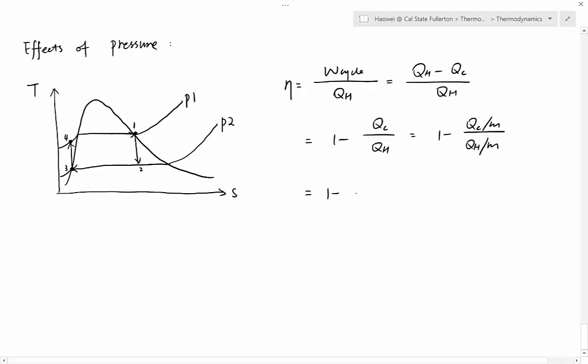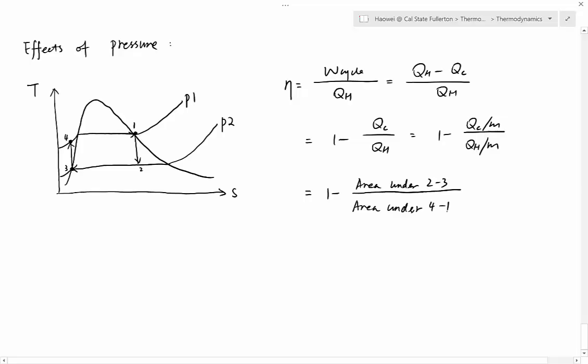So for the numerator, QC over m can be rewritten as the area under 2-3. And similarly, the denominator QH over m, QH means 4 to 1. That's where you gain heat. So the denominator can be rewritten as the area under 4 to 1.